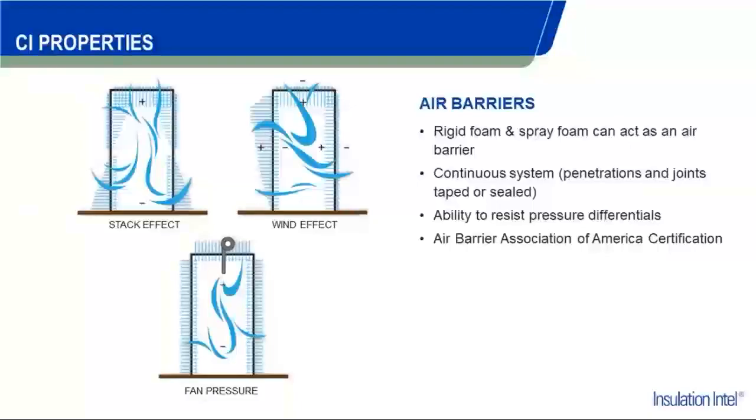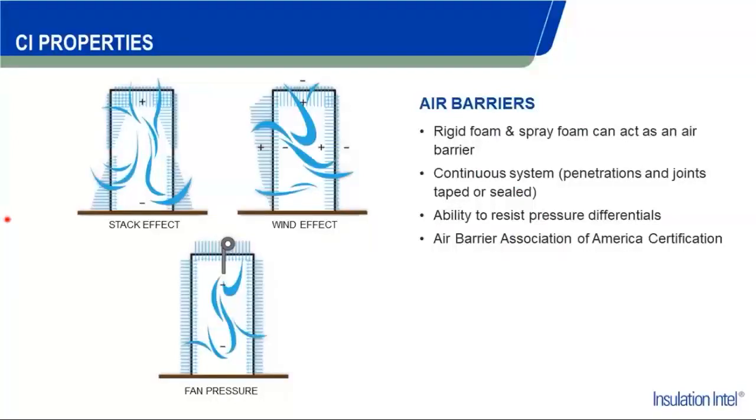So with air barriers as well, you're wanting to introduce air barriers in your system. When you have your mechanical system in, your air barrier needs to be continuous all the way across the envelope.